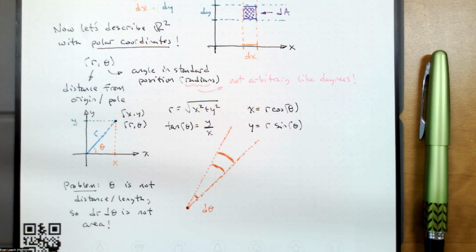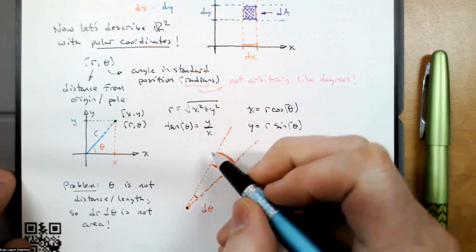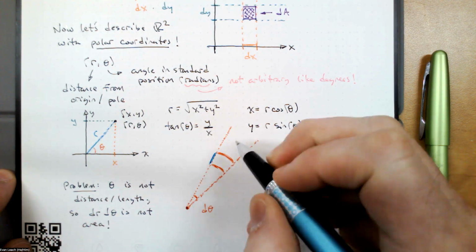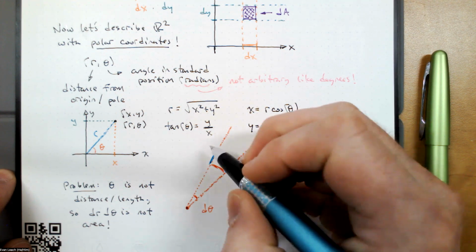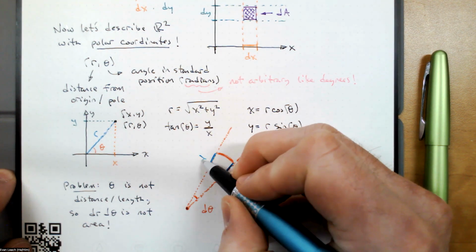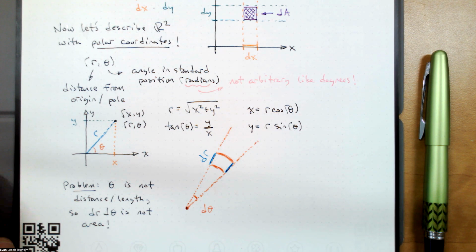Now, between those two values, we definitely have a length with dr. That's no problem.